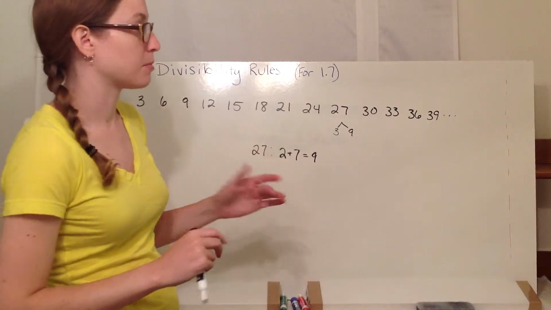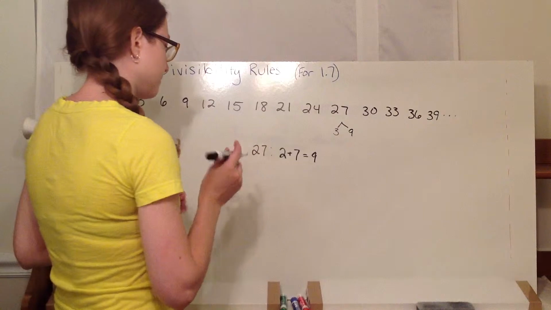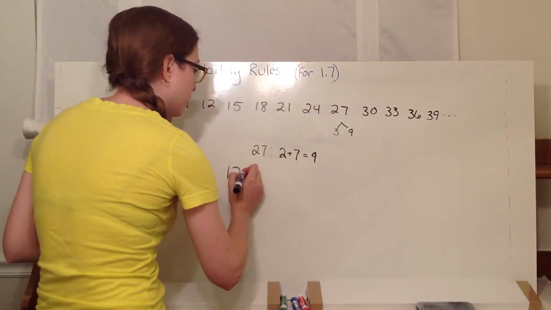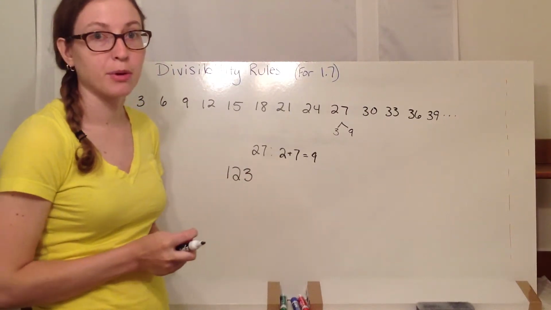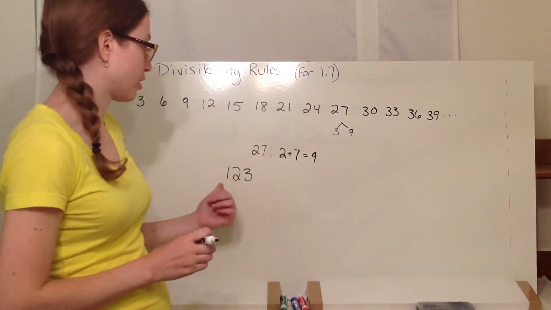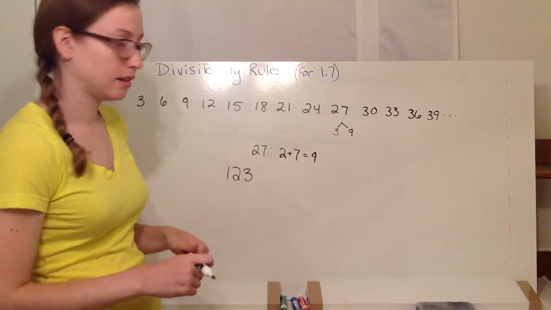I'll do another example of a much larger number. If we do the number 123, that's not on any multiplication table that we have ever seen before. So can we tell whether there's a 3 as a factor in this number? And we can.